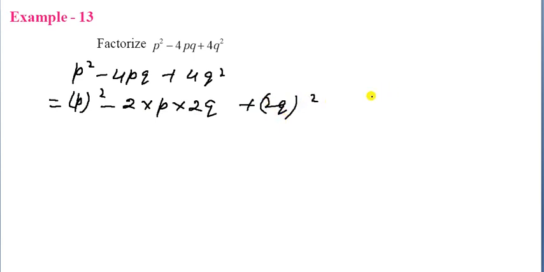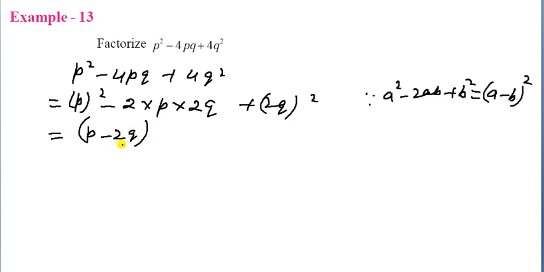So you have used the property a square minus 2ab plus b square is equal to a minus b whole square. So you have to write here p minus 2q whole square, and you have to write it 2 times. So p minus 2q into p minus 2q. So that is your answer.